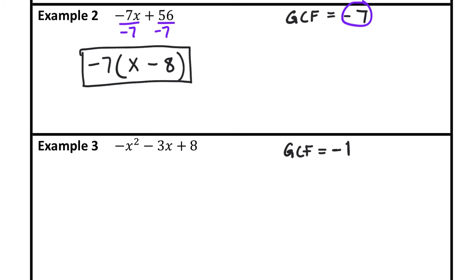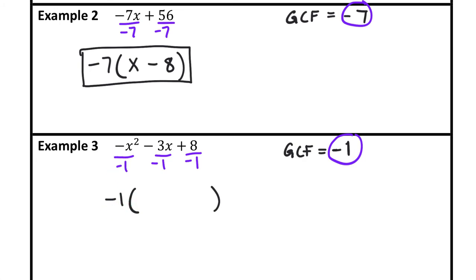And so what are we going to do with this GCF? We're going to divide all the terms by negative 1. Write the GCF and set up your parentheses. So write the GCF in the front of the parentheses and divide.